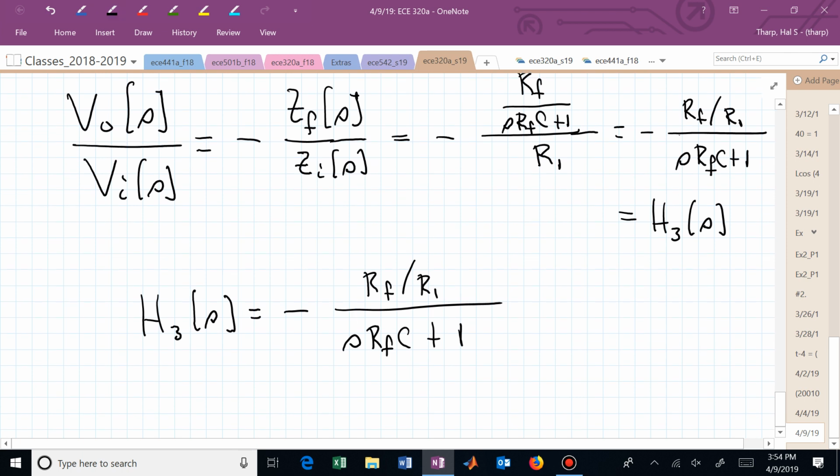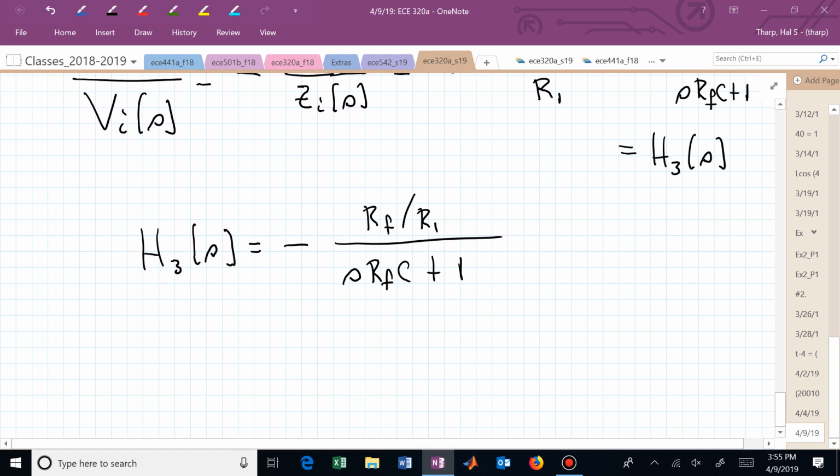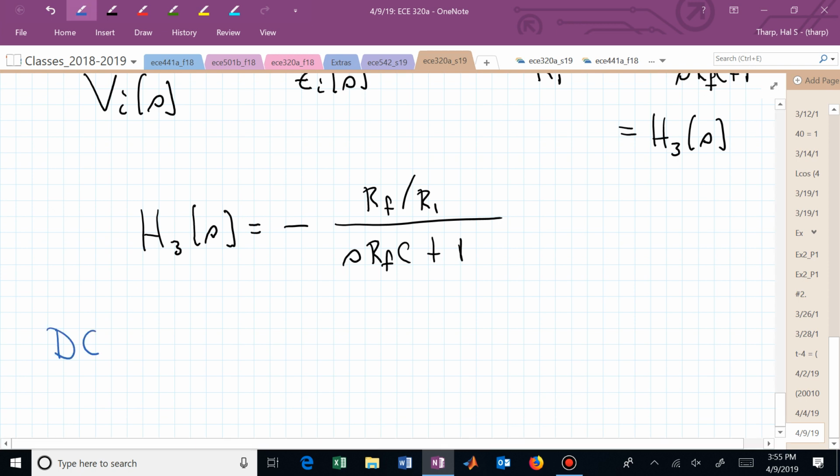And we said that this was supposed to be a low-pass filter. How do we justify that or convince ourselves that that's the case? What's the DC gain of this transfer function? What is DC in terms of s? s is 0.